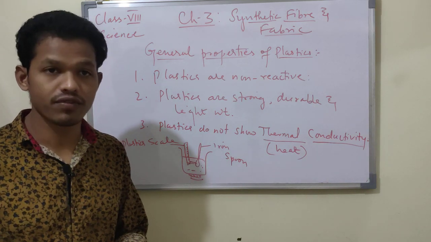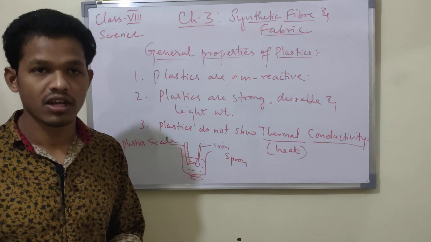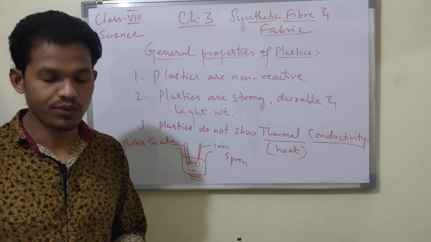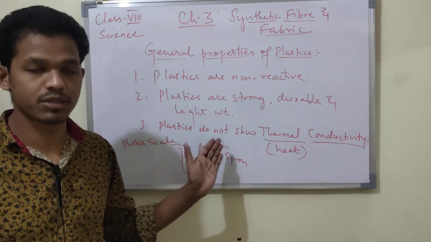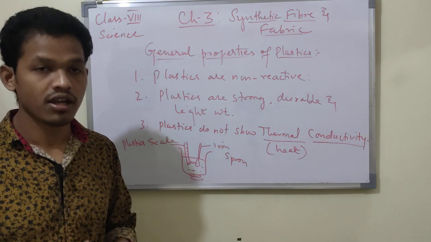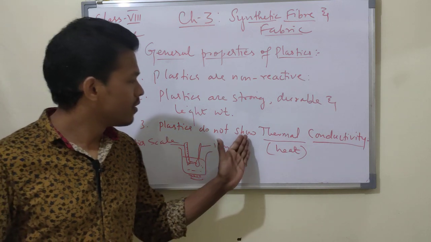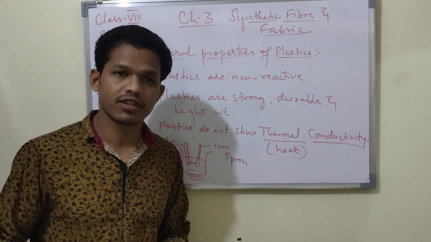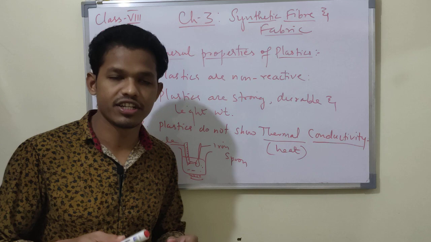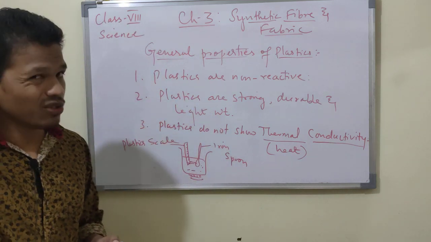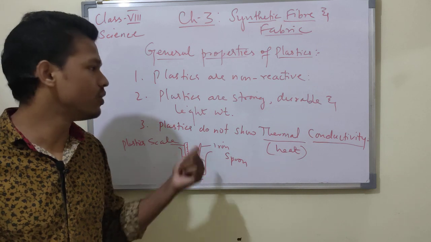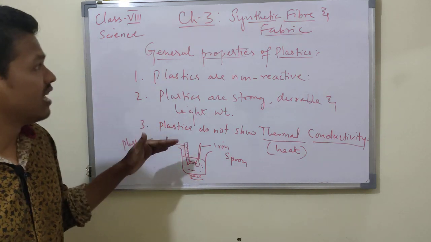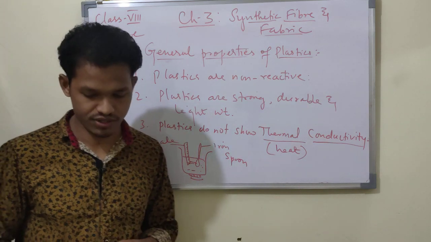The handles of the electric iron, electric pan or electric utensils are coated with this synthetic polymer, that is plastics, because of its poor thermal conductivity. In the handles of various utensils you will find they use plastics. So this is one of the characteristics of plastics.